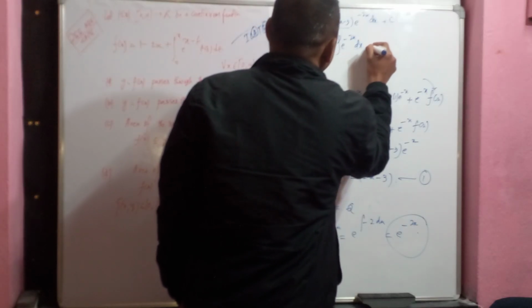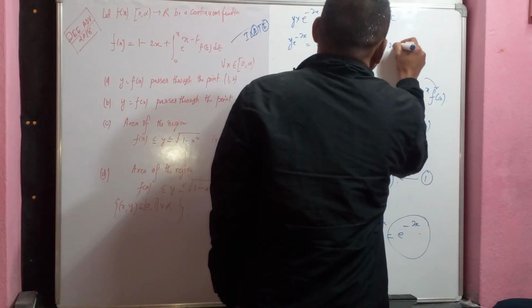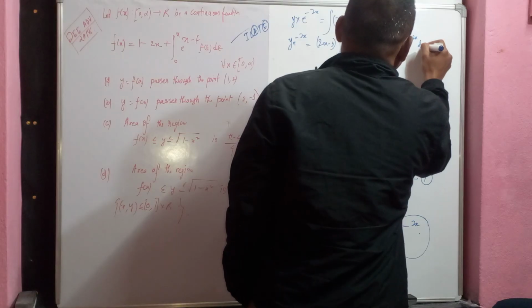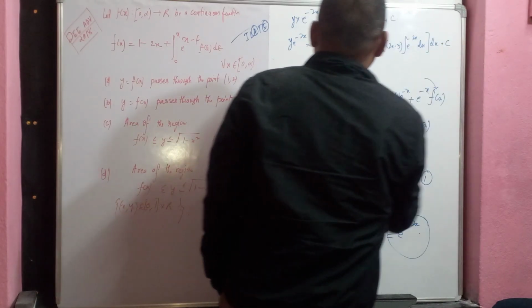Okay, minus d/dx of 2x minus 3, integration e to the power 2x dx, whole dx plus c.